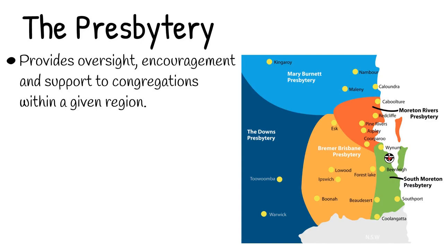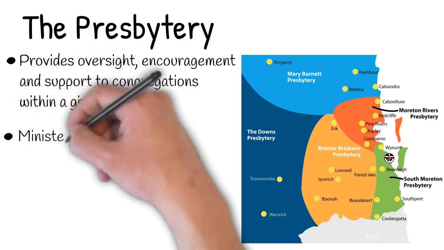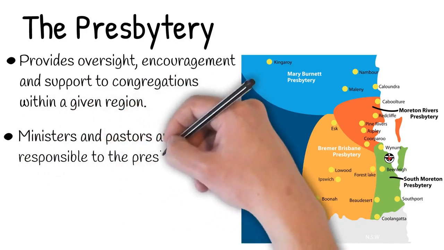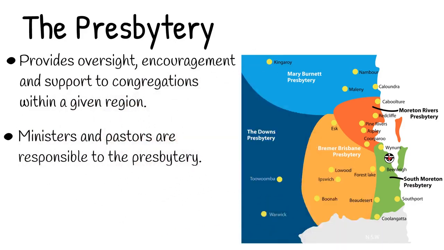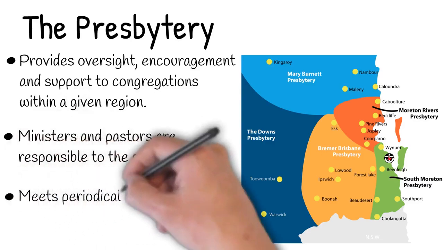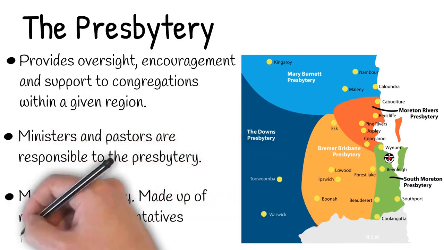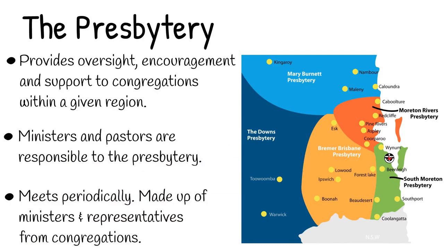It's important to note that ministers and pastors are responsible to the presbytery, so that's the place you go if you have a major issue with the ministry team. And the presbytery as well meets periodically, so it's made up of ministers and representatives from the congregation. So if you'd love to be part of that and be a representative from our congregation, let us know and we can help you out with that.